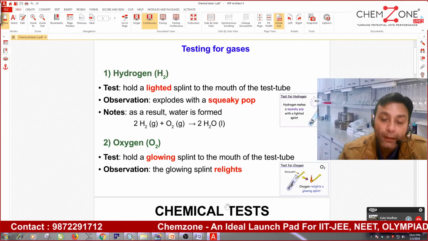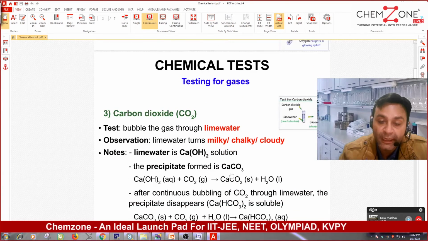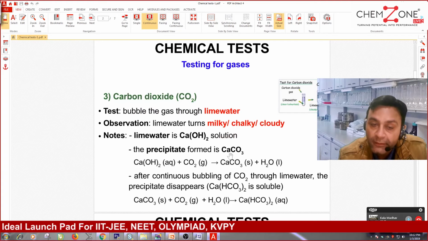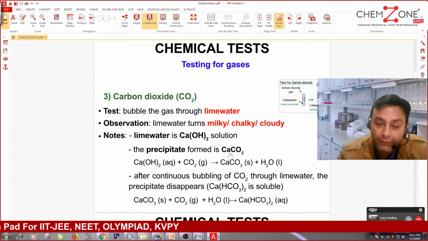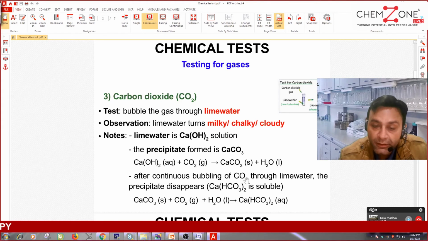And test for carbon dioxide: pass it through lime water, and the lime water will become milky. So calcium hydroxide reacts with carbon dioxide to form calcium carbonate and water. So it's a confirmatory test for carbon dioxide.